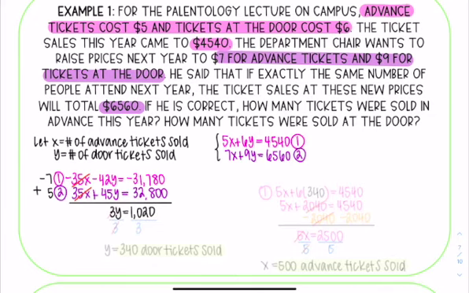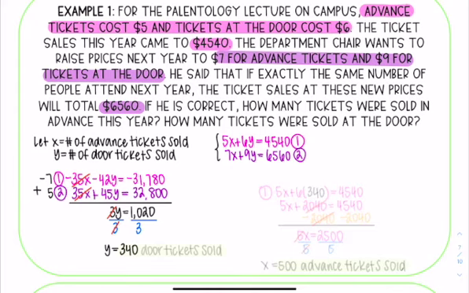And so to get y by itself, we just need to divide both sides by 3. And we get y is equal to 340.